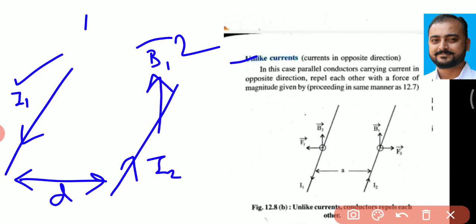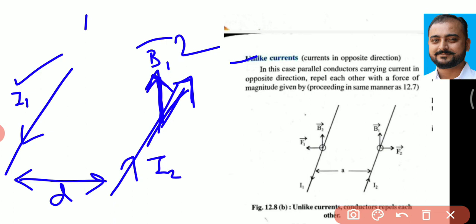Now second thing. This is the direction of magnetic field, this is the direction of flow of current, meaning the conductor carrying a current kept in a magnetic field experiences a force.